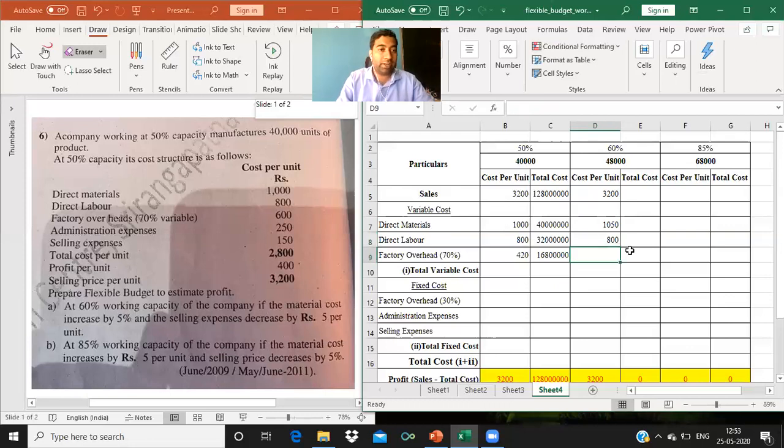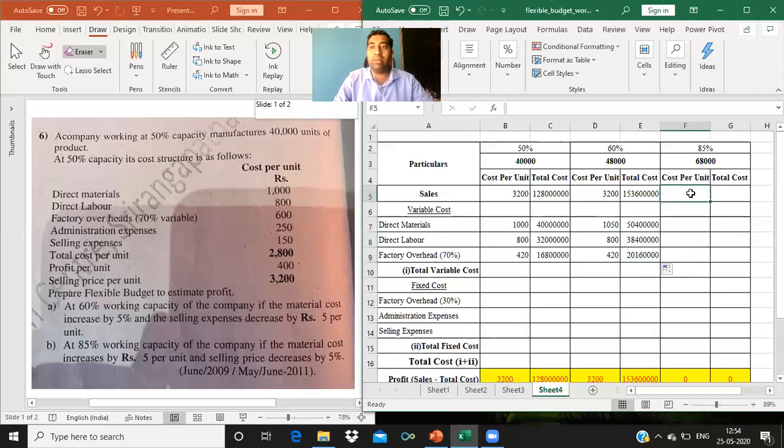Next, factory overhead, there is no information at the level of 60%, so that is also going to remain same. Next, we need to calculate the total cost. So total cost will be calculated by multiplying the values by 48,000 units. So direct material will be 1050 into 48,000 units, and it is going to continue same.